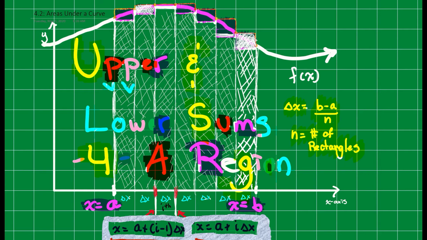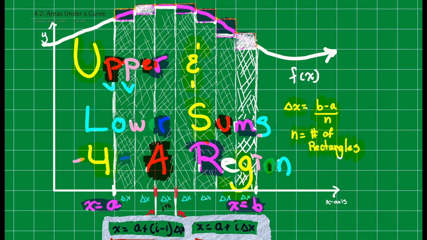This is areas under a curve, and remember, we know how to take areas of a rectangle, square, and any regular polygon. We find regular figures, and we know how to take the area. But now when we transfer this into a two-dimensional space on the x and y plane, and we have a curve, the question becomes, how do we find the area of this region defined by the portion that is under the graph, above the x-axis, and from a vertical line x equals a to a vertical line x equals b?